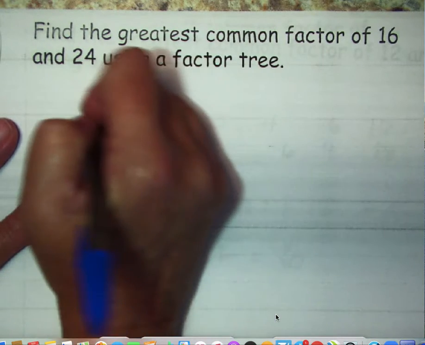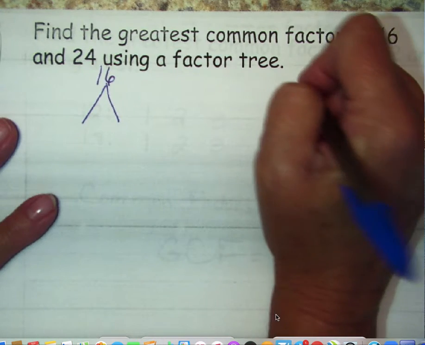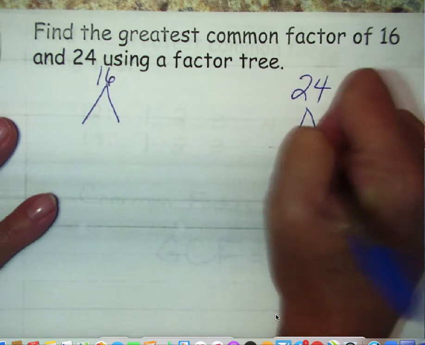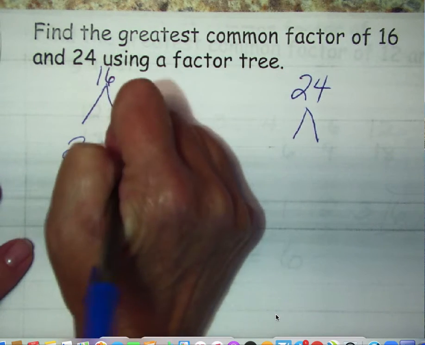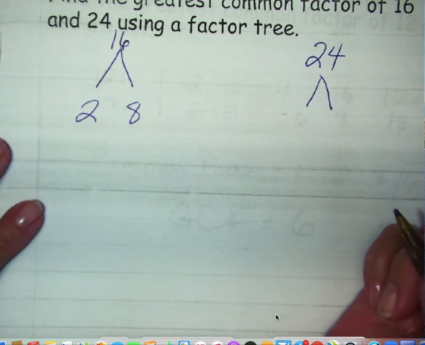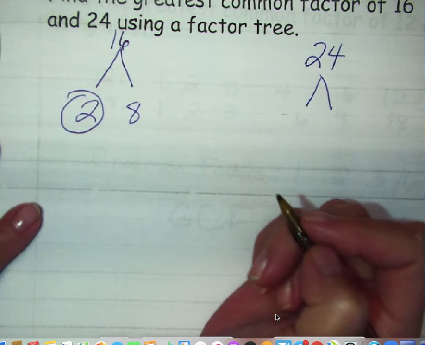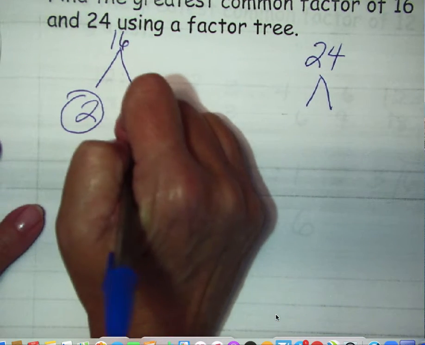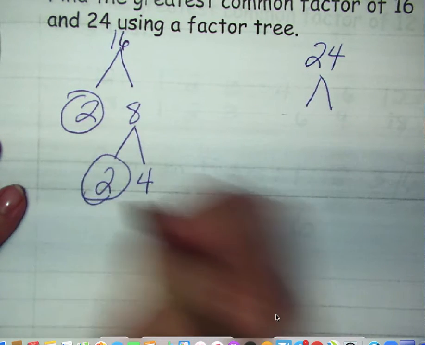This time we're going to do a factor tree. 16, 24. 16, I can factor 16 down to 2 and 8. Okay, 2 is a prime number. I can't factor 2 anymore. Let's factor 8. 2 times 4. 2 is still a prime number.